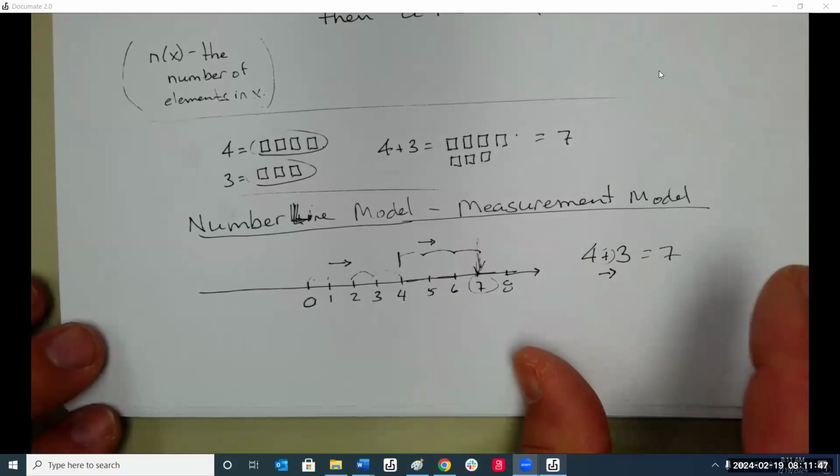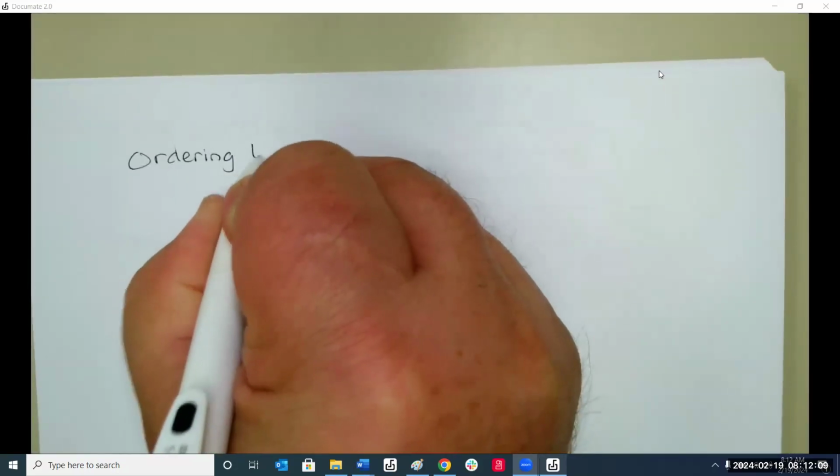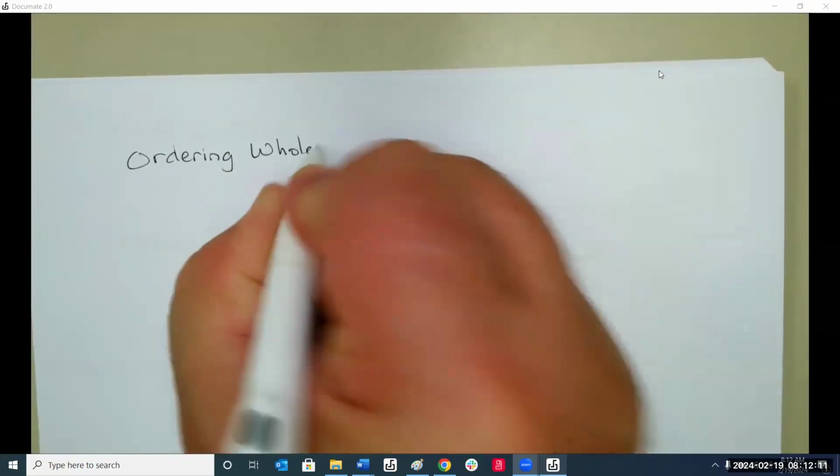The next thing we do in our classes, once we introduce to the students the concept of number placement, what numbers are, and what they represent in addition, is look at the ordering of whole numbers.